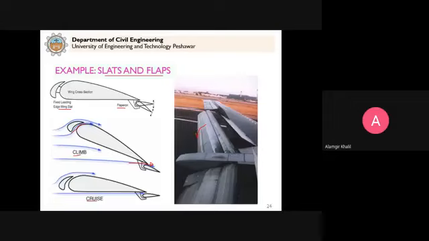You can see here, these are extended down. And these are spoilers. They move up. The reason is that pushing these flaps down will increase the drag force. And this is what we want during landing of the aeroplane, that we want to increase the drag force so that the aeroplane can stop as soon as possible.